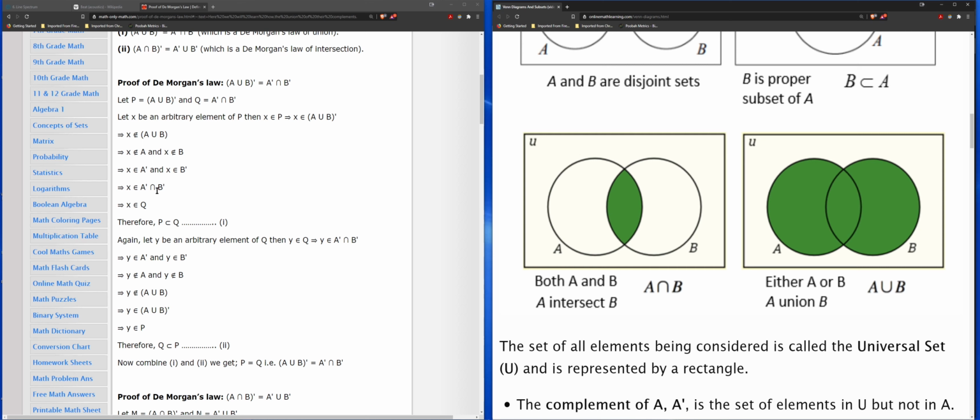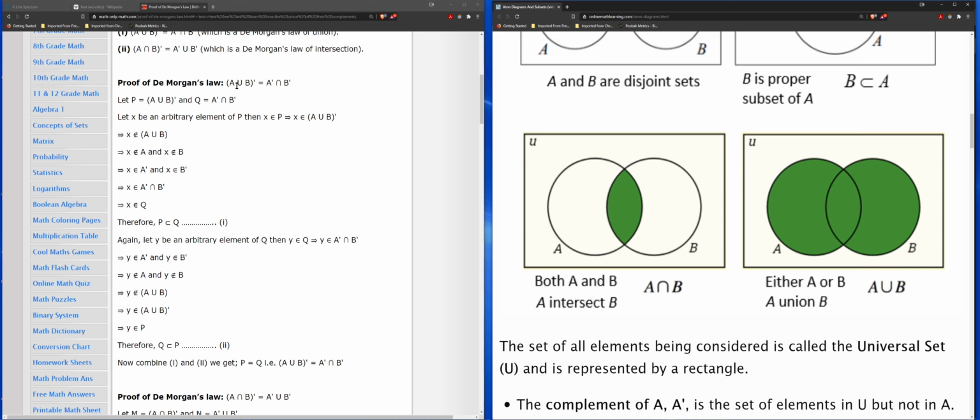So what you just showed is that an arbitrary element X on the left hand side is going to be an element of your right hand side, and that shows that your left hand side is a subset of the right hand side.